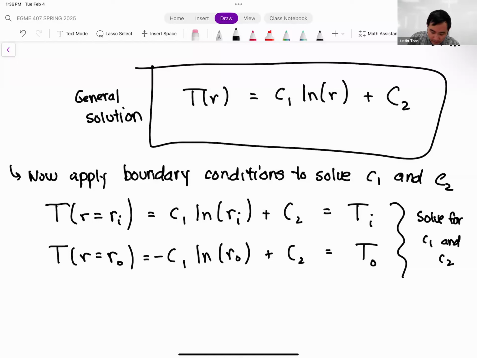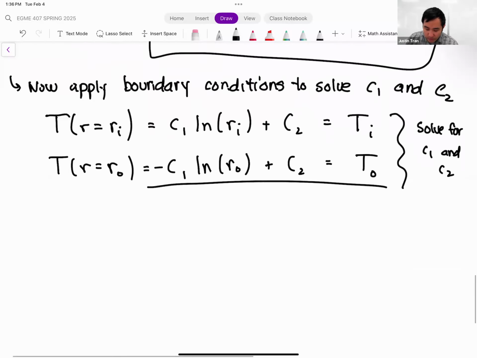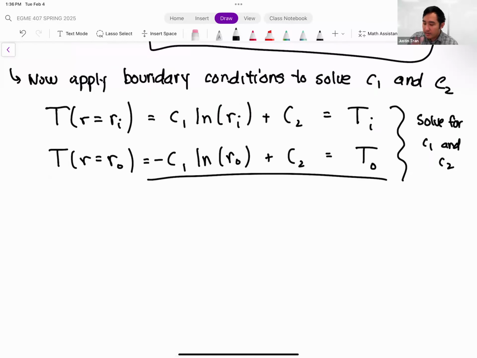So what I'm going to do is subtract these two equations. Subtracting equations is the fast way of doing a substitution. Another way you can do this is solve the first equation for C2 and plug that C2 into the second equation, and you're going to get the same thing. I like doing it this way just because it's a little bit faster, but whatever floats your boat. So we're taking the first equation and subtracting the second equation.